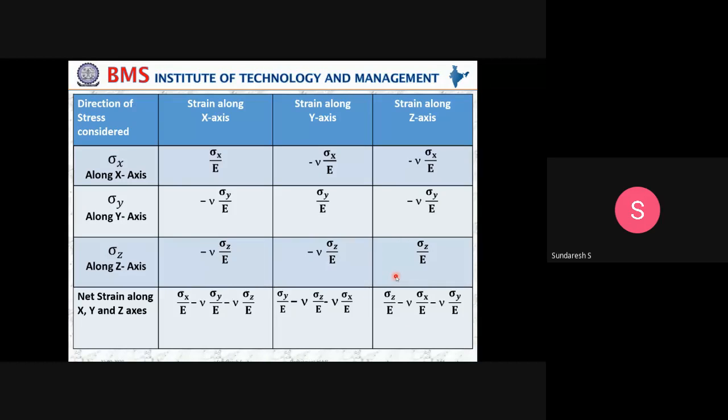Now, in the expression for the volumetric strain, epsilon x plus epsilon y plus epsilon z, we have to substitute these equations. After substituting, we get the final expression for the volumetric strain. So how can we do that?